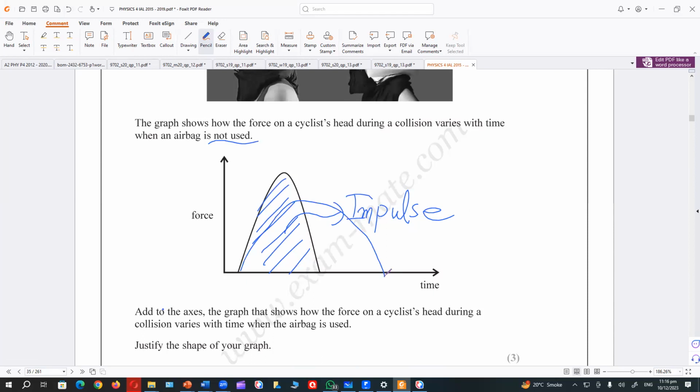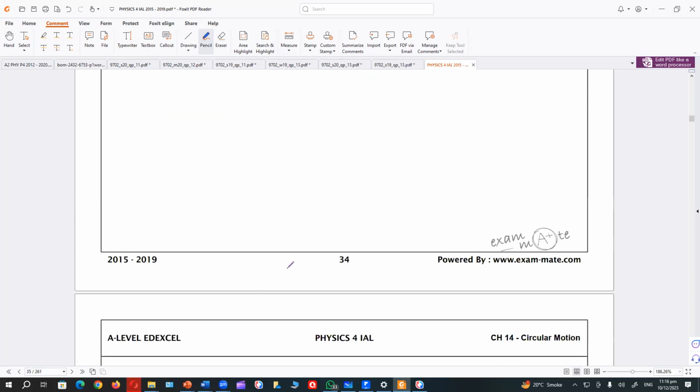So the maximum force will decrease. Impulse would be the same, but the time would be longer. The area under the graph will not change, but the maximum force will decrease.